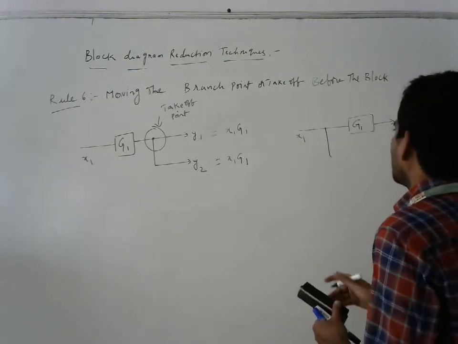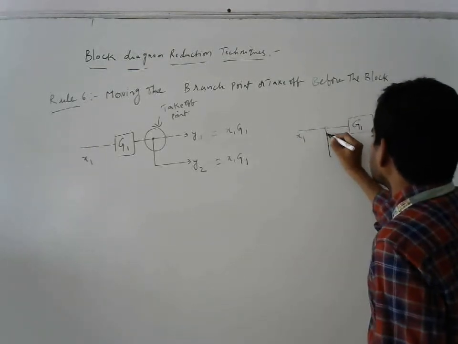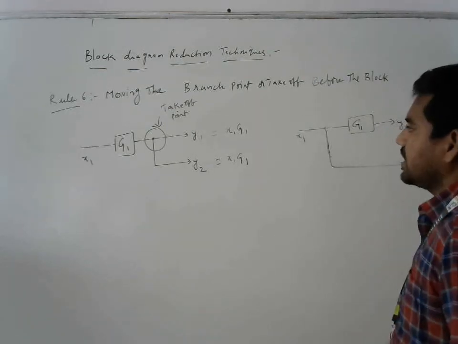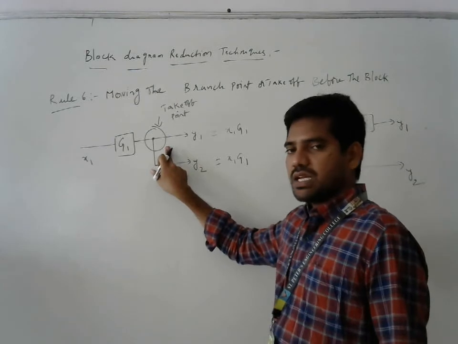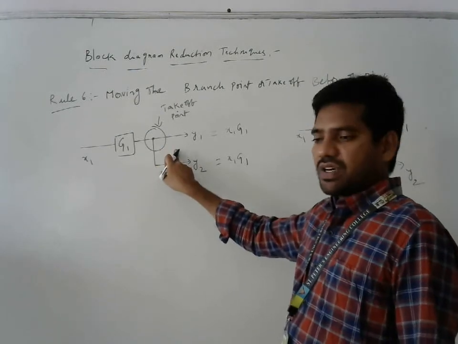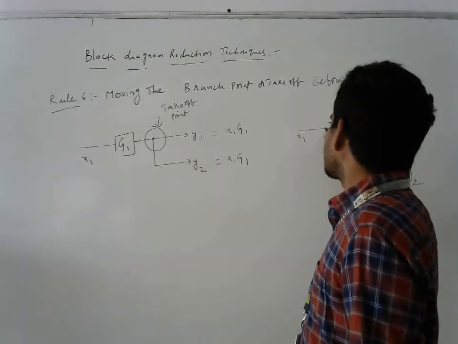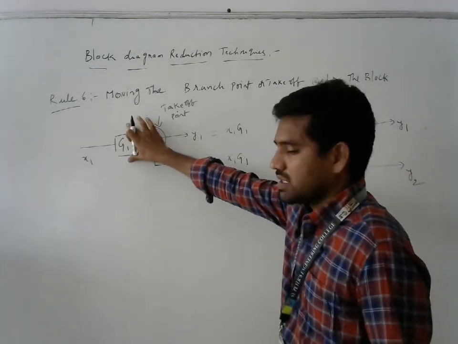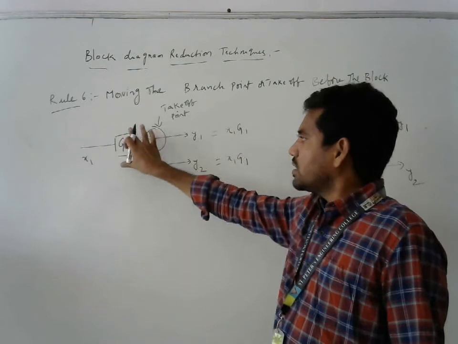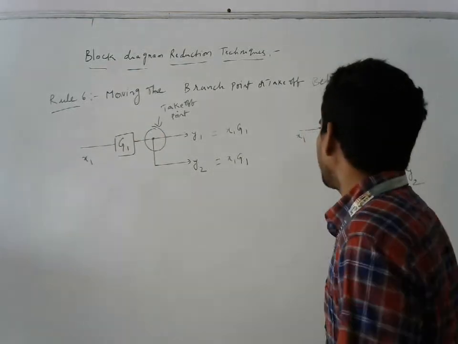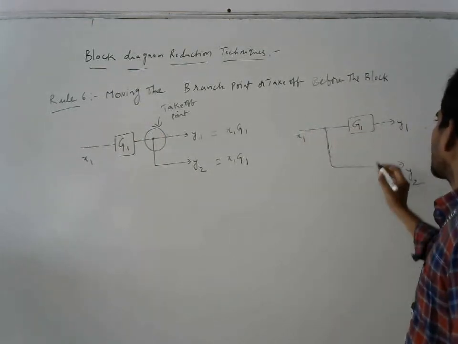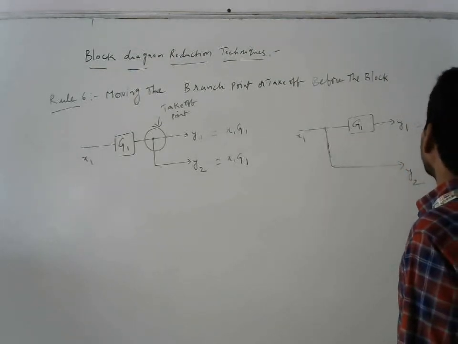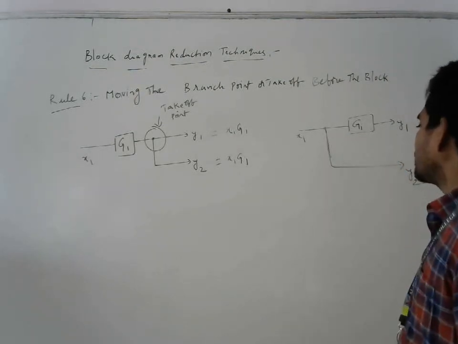What I have changed here is that I shifted the takeoff point. In this case it is after the block, but in this case it is before the block. This is the block where we shifted. That is important. Now, what is the output here? y1 is equal to x1 into g1.